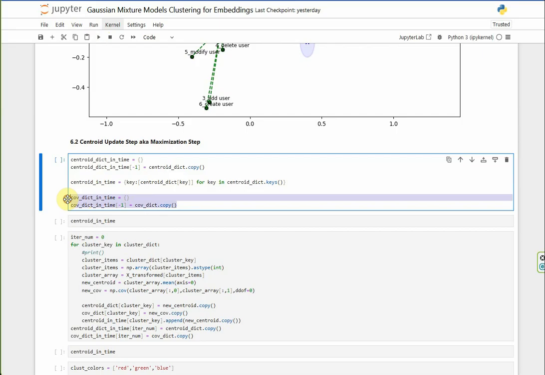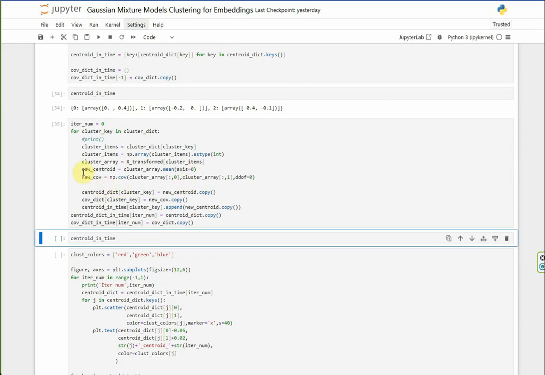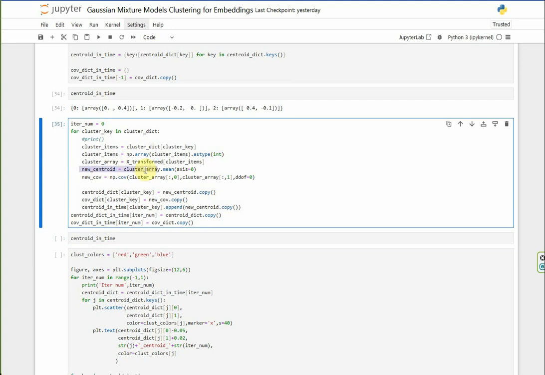Here we define an additional variable, which is covariance dict in time. Here we will store the values of the covariance matrix across the iterations. And we should also add the computation of the covariance matrix. First, we compute the mean values of dimensions for all the data points assigned to the given cluster or Gaussian component.